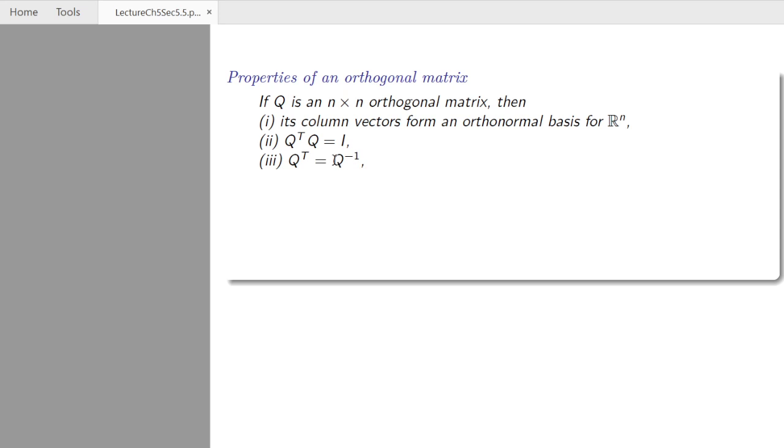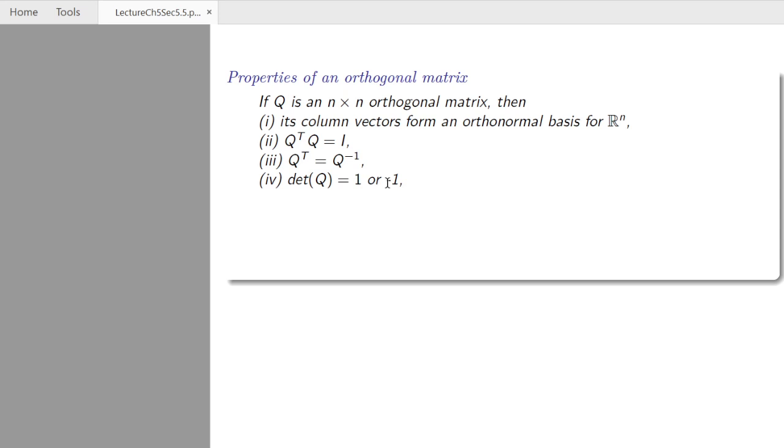Why? Just look at this second property. If we multiply both sides by the inverse of Q from the right side, then we get Q transpose equals the inverse of Q. And then the fourth property: the determinant of Q equals 1 or negative 1.